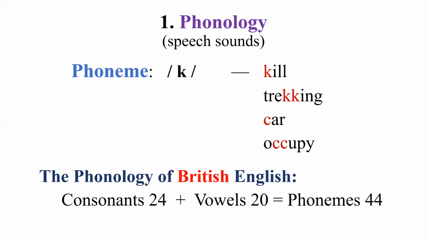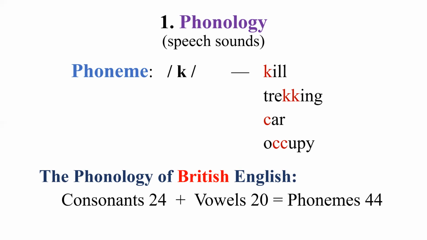Here we use two letters K-K, but still we mean only one phoneme, K. Next, car. Next, occupy. So C or double C both represent only one phoneme, K. So this is the difference between letters and phonemes.